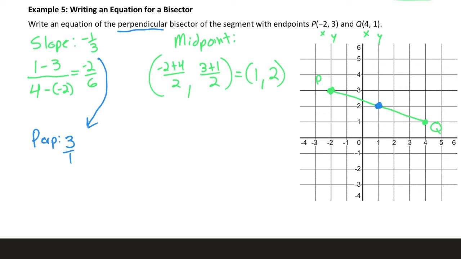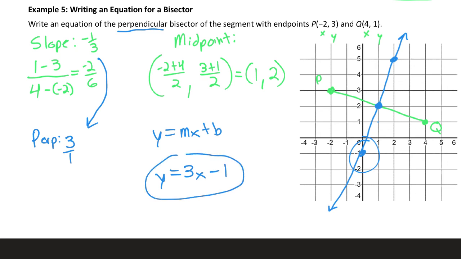Up 3, right 1. The other way, I go down 3, left 1 to create my line. And then it's essentially just writing y equals mx plus b for it. The nice part is we already have the slope. The slope of our new line is 3. The y-intercept happened to fall right there at negative 1. So 3x minus 1 is our equation.